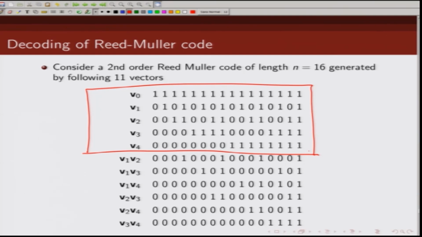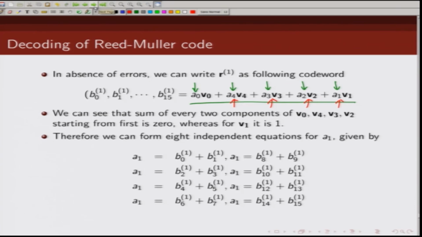Now, if you notice, if you add up 2 rows like this, consider these 2 rows, for all others except V1 we will get 0. So, in other words, I can get 8 independent views about A1 by just looking at these 2 columns of this matrix.